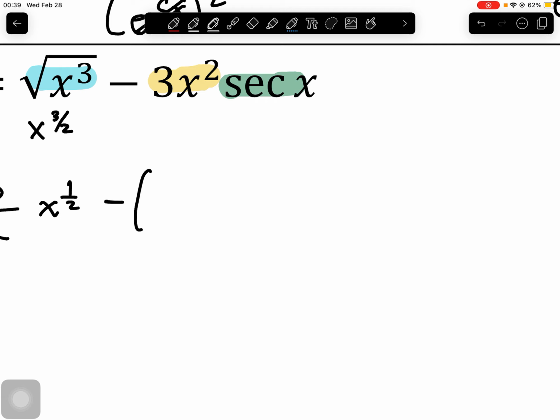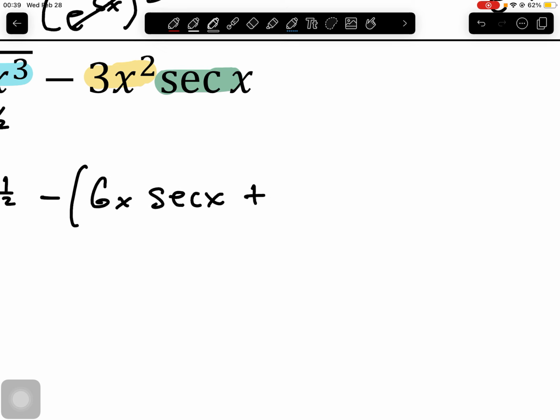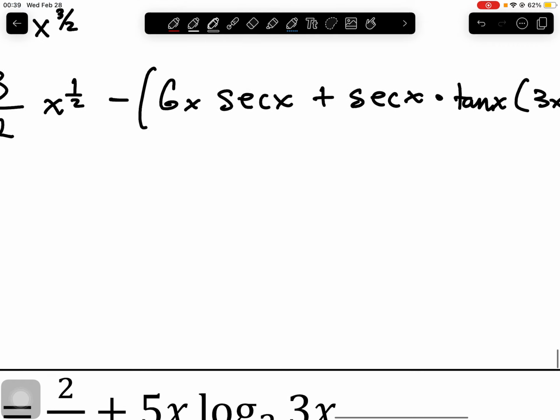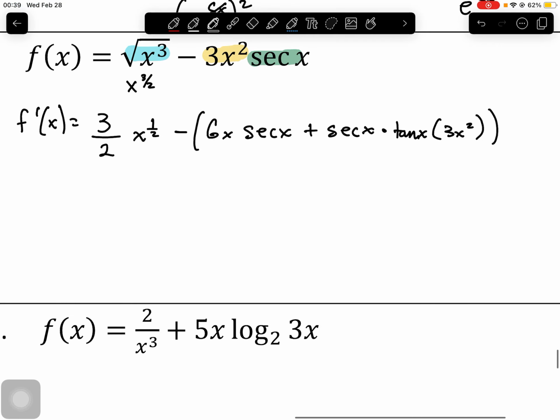And so that's going to be 6x, secant x, that stays the same. That's going to be plus secant x is equal to secant x times tan x, and then just 3x squared. Now I'm just going to simplify it all.